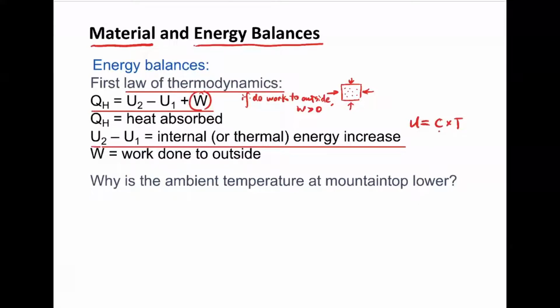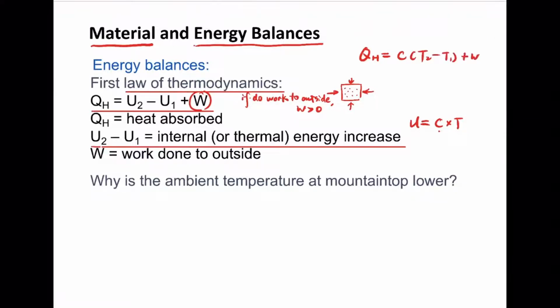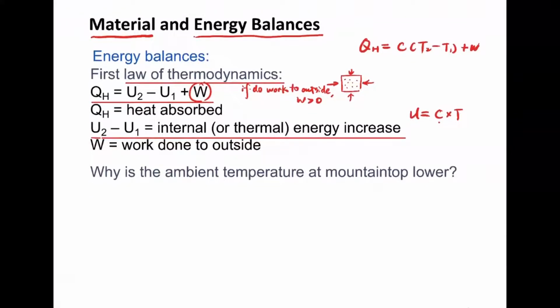So if you want to simplify this equation, you can have QH equal to C times T2 minus T1 plus W. For water treatment, normally we're not going to deal with a lot of energy balance problems. But for air pollution control, the temperature is going to be very important.